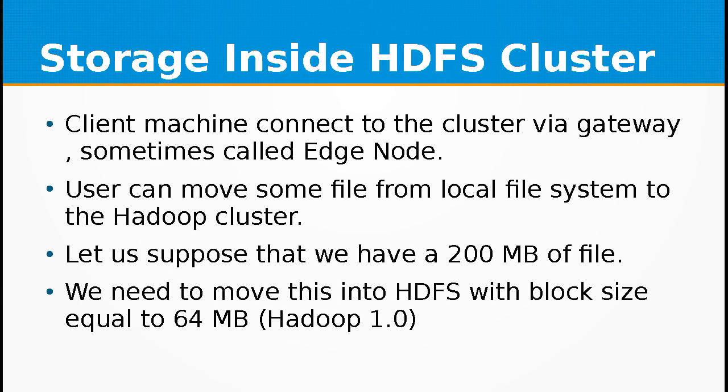Once the user tries to push the file into the Hadoop cluster, the HDFS component of Hadoop will try to break up this user input file, which is 200 MB in size, into smaller chunks. The block size, which is going to divide it, is something which is configured by the administrator. Usually, the default split size is going to be 64 MB for Hadoop 1.0.